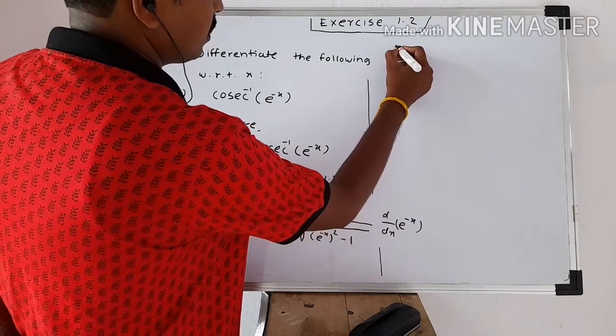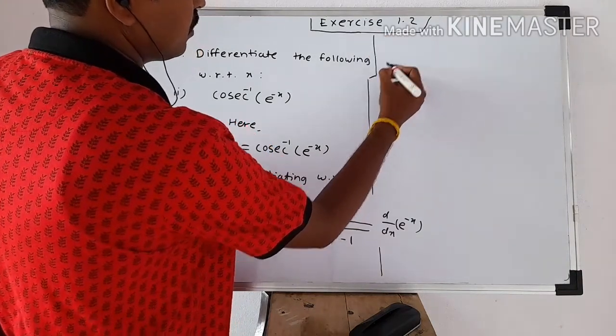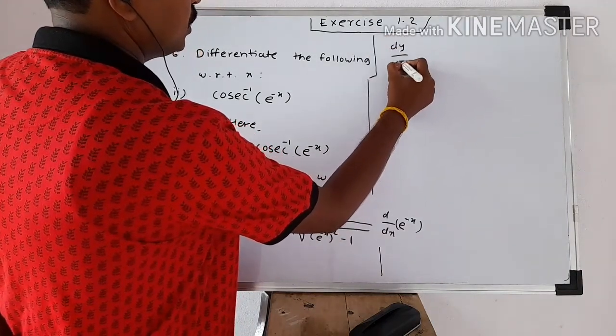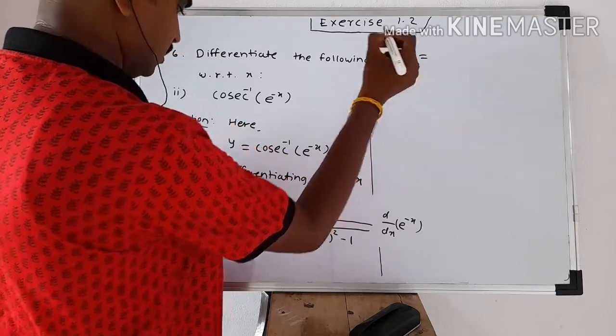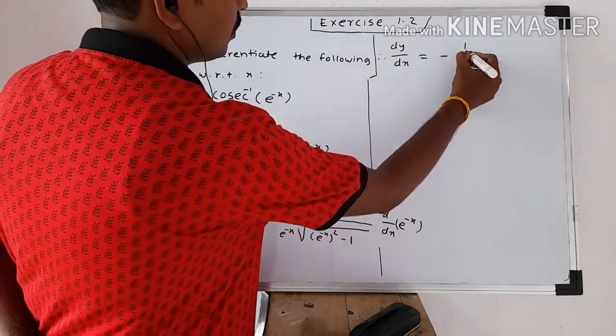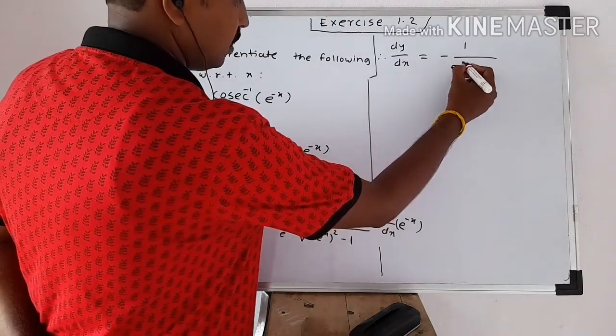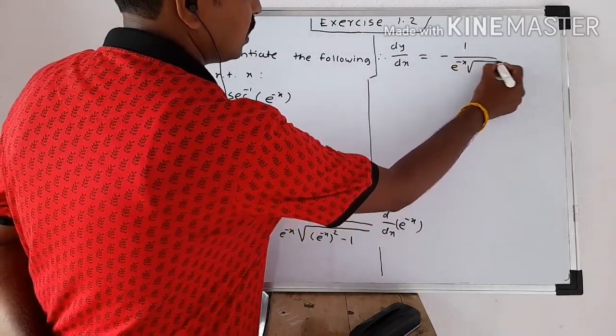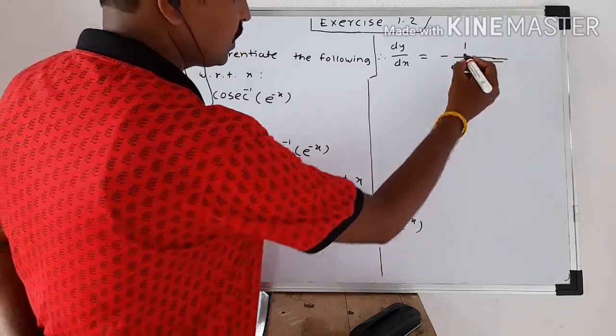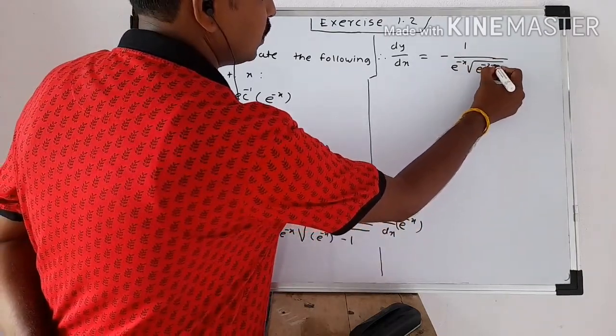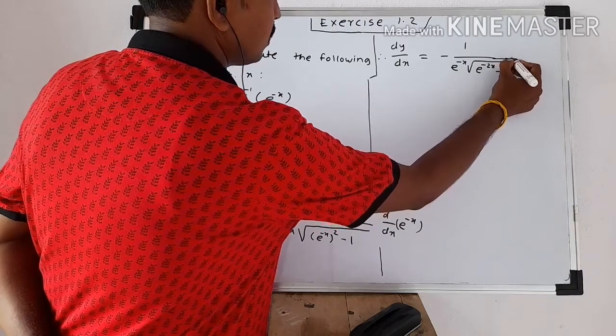Therefore derivative of y with respect to x is equal to minus 1 divided by e raised to minus x in root of e raised to minus 2x minus 1.